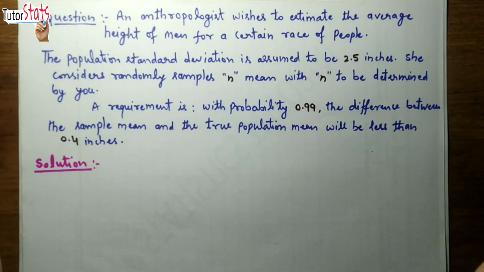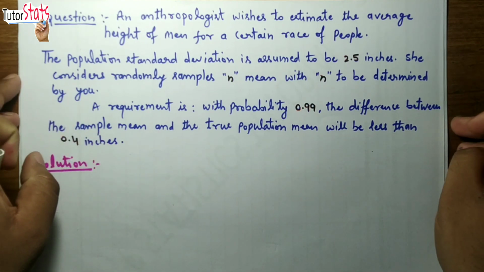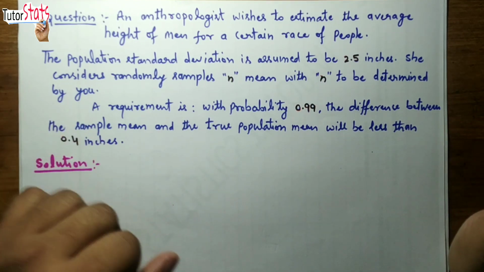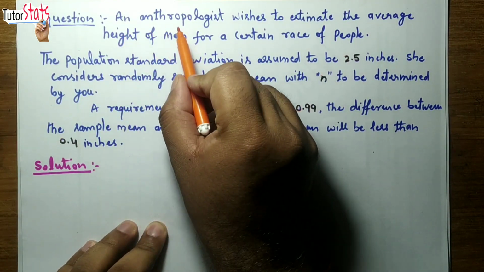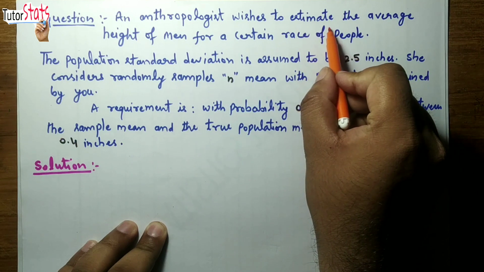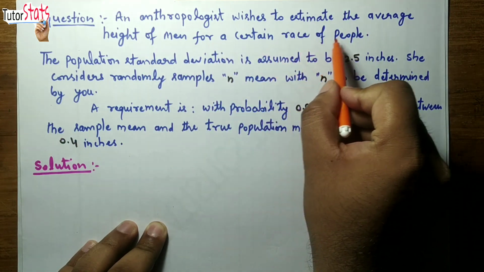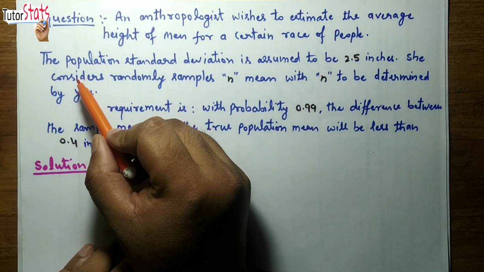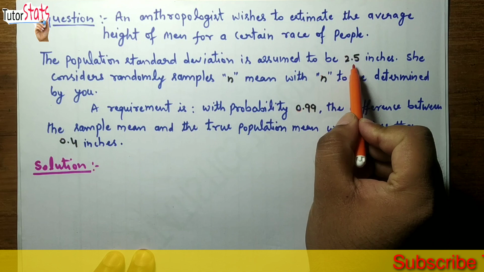In this video, I will discuss a small problem to calculate the sample size. The problem is: an anthropologist wishes to estimate the average height of men for a certain race of people. The population standard deviation is assumed to be 2.5 inches.